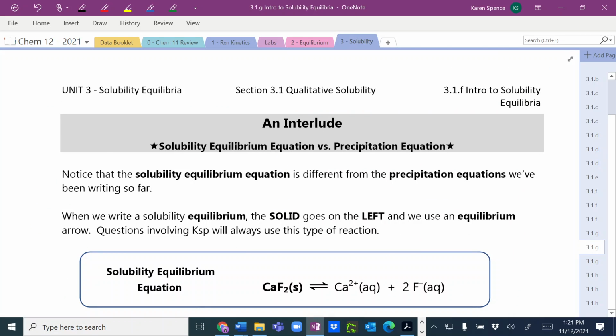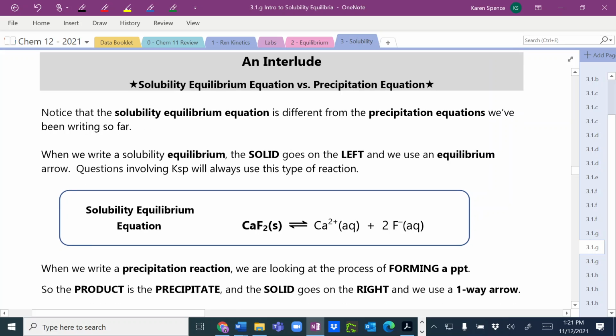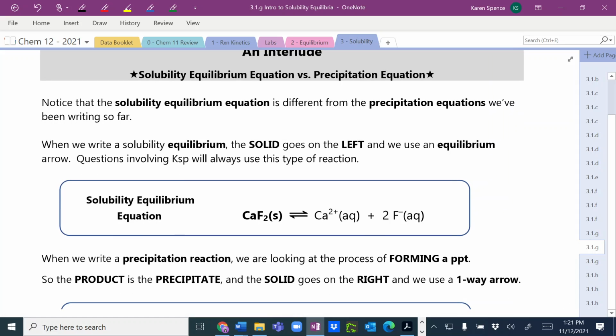And now that we've talked about it, here's the official interlude: solubility equilibrium equation versus precipitation. In solubility equilibrium, the solid goes on the left, and we use an equilibrium arrow.